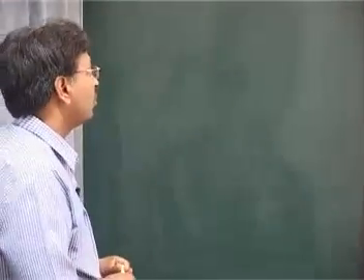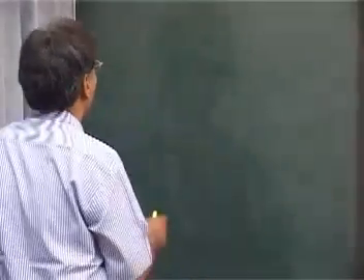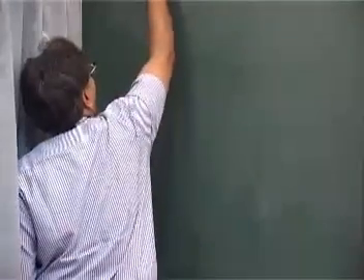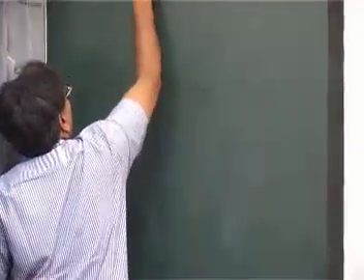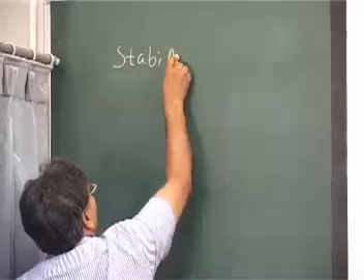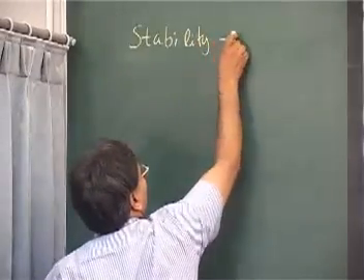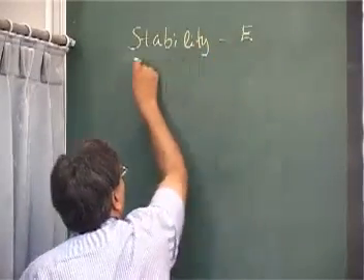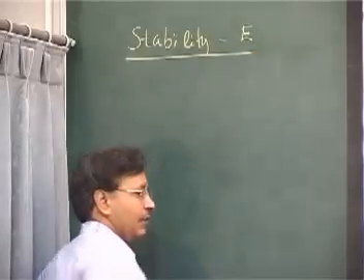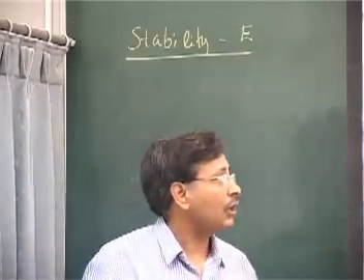So what is the condition we have? Stability is given to us as stability E. Okay.